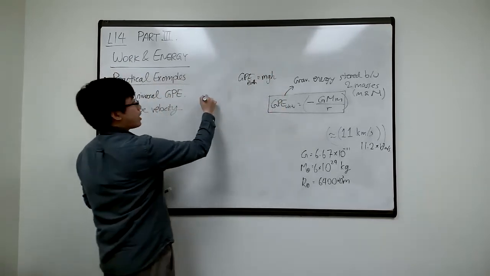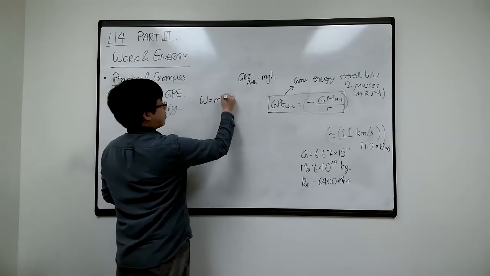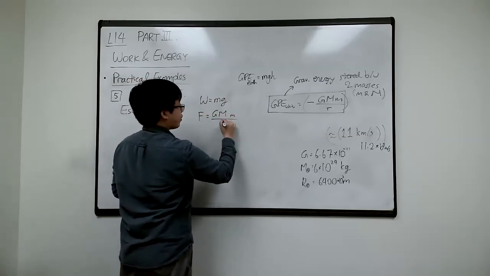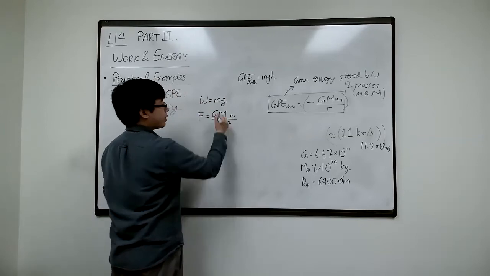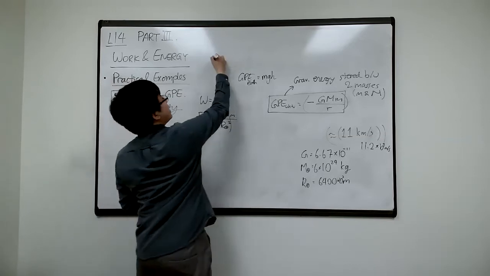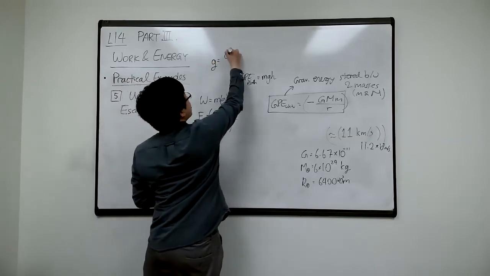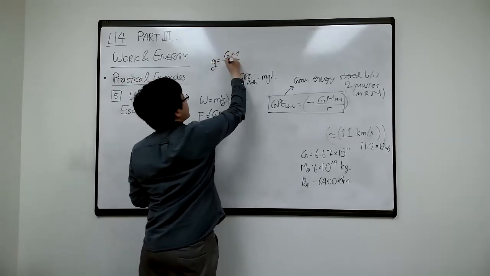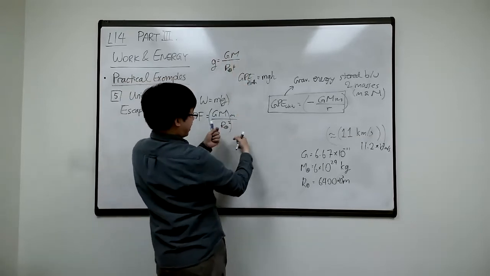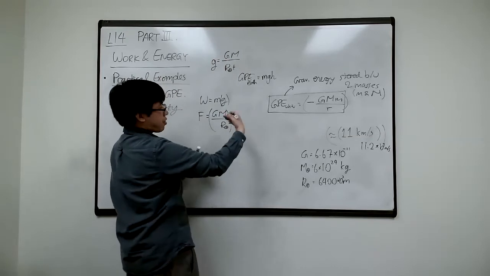We've done that with weight, right? Weight equals mg, and we said the universal one is G M m over r Earth squared, right? So essentially, this is g. So we deduce that g is technically GM over r Earth plus a certain height from the Earth.